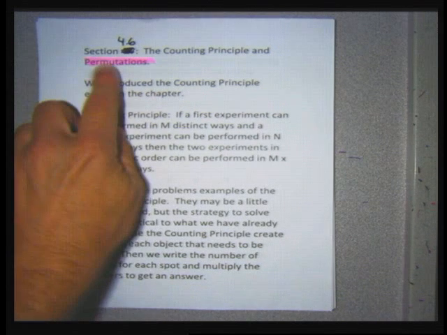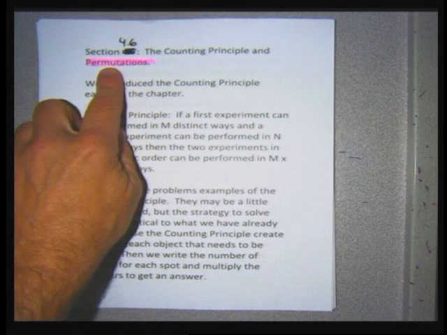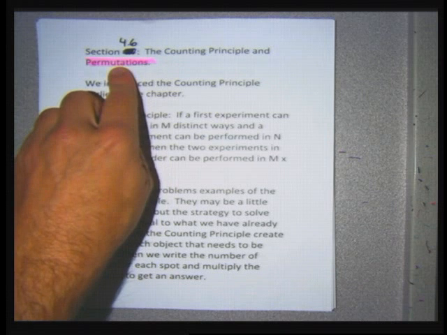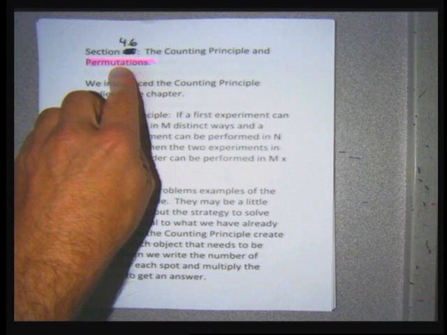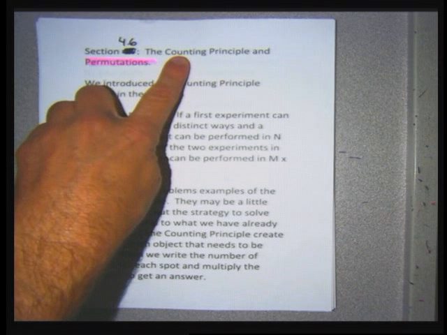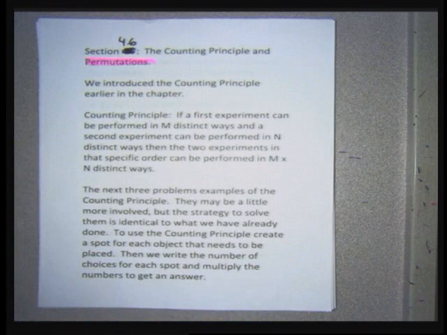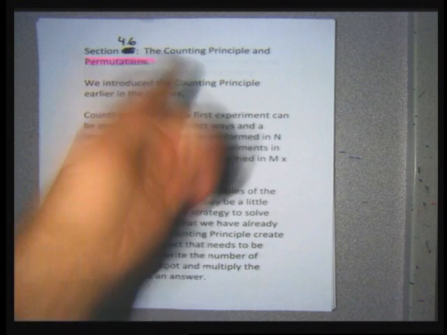So I'm going to really gloss over the permutation problems, because the problems in this section can be solved using the counting principle for the most part. There's one group of problems right at the end of this section that we'll get to, and they can only be solved one way, and the counting principle won't work.